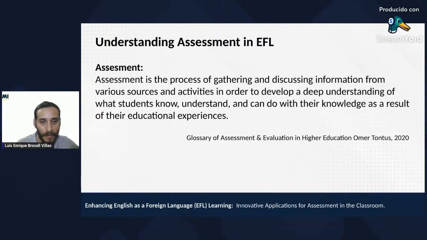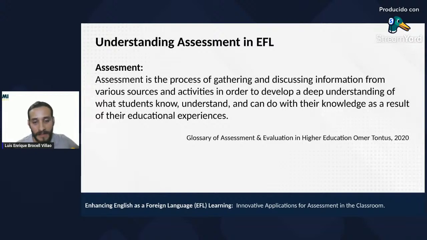This is very important. We as teachers must take this into everyday classes. We are looking for our students to acquire what we are teaching. How are we going to do this? With the correct assessment methods.